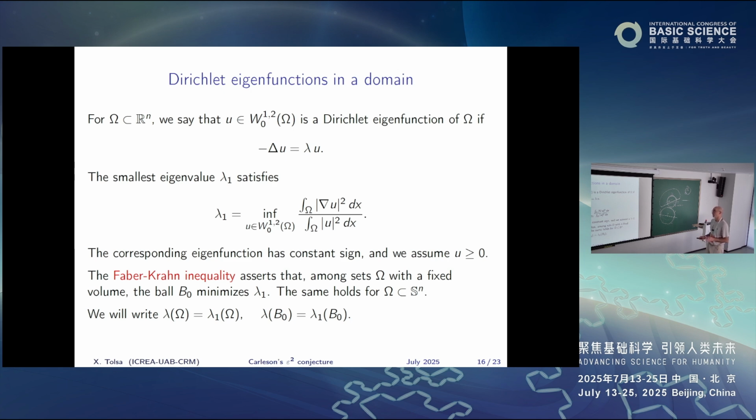And moreover, something that is very standard and very useful is that the first eigenfunction has constant sign, and one can assume this to be non-negative, for example. Then the Faber-Krahn inequality is another inequality that asserts that among all open sets with a fixed volume, the ball minimizes the first eigenvalue.